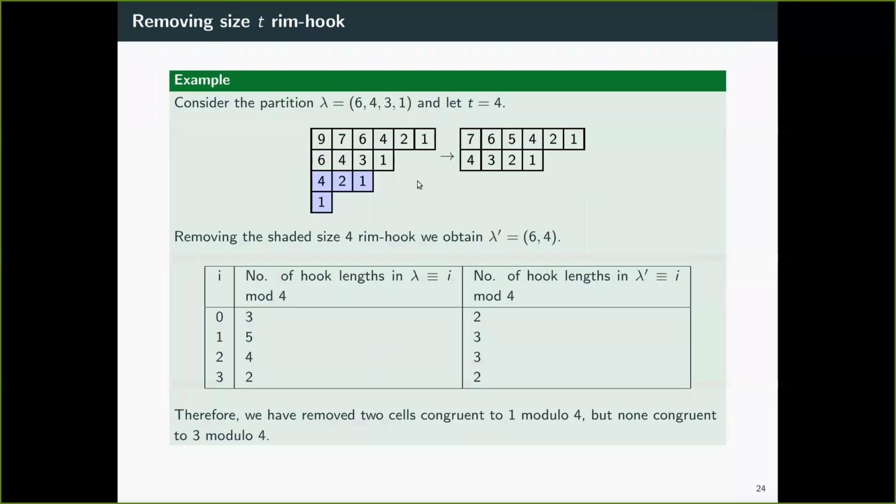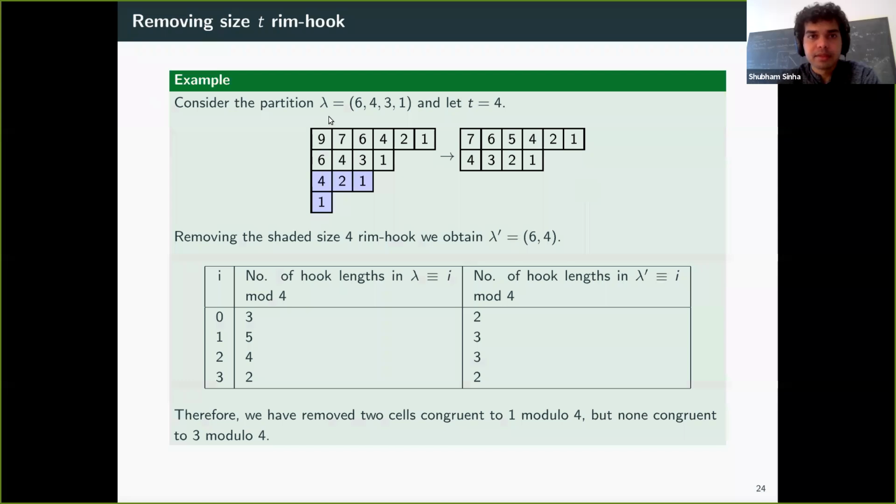So why the above proof doesn't work is because of this example. I've given a partition, and you have these hook lengths marked for each cell. When you remove, say, a 4 hook in this case, the hook lengths change in a strange manner. It affects not just the cells which we remove, but the rest of the cells.